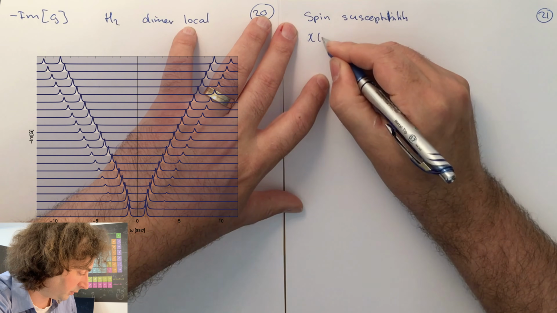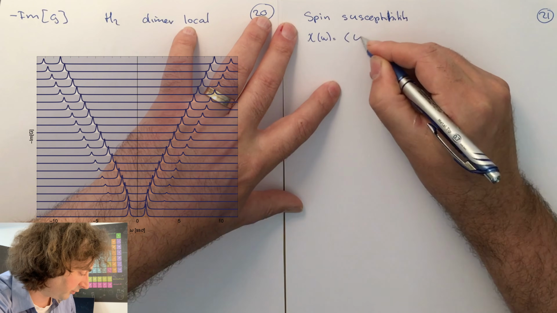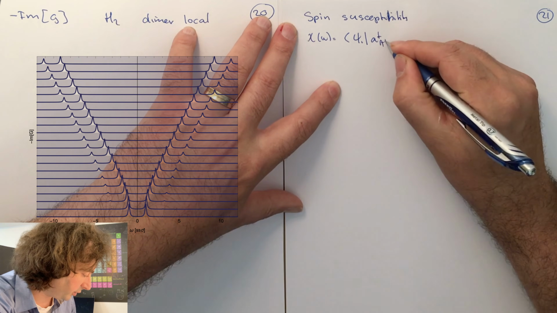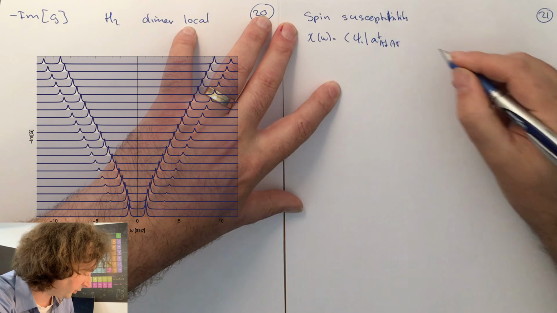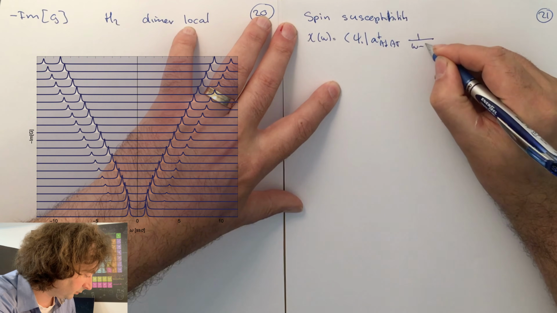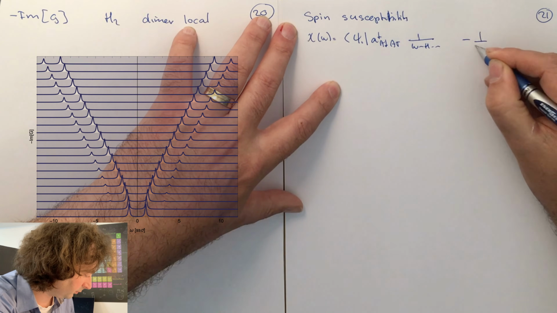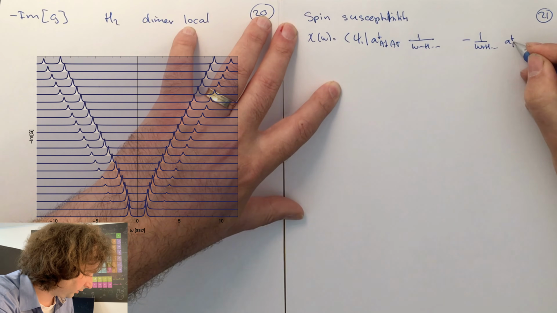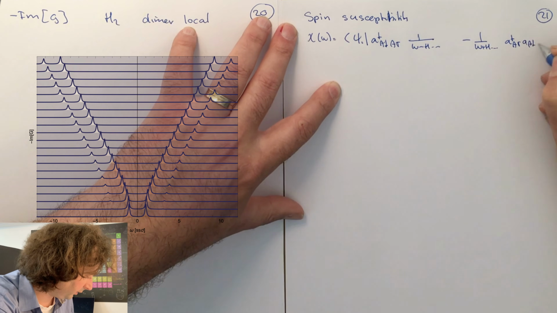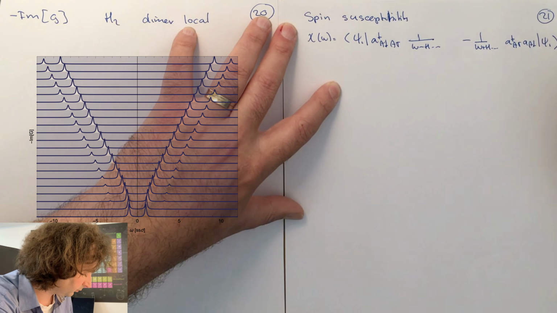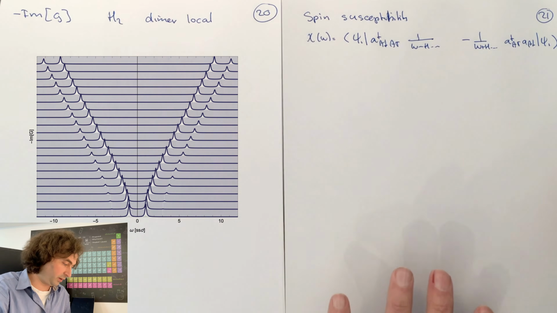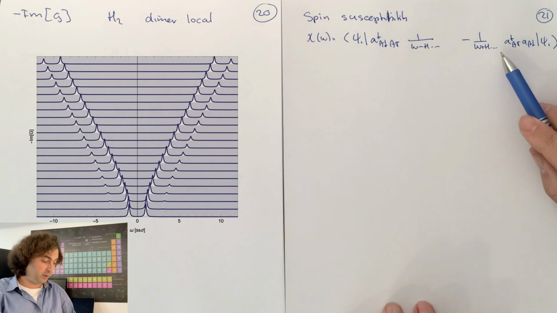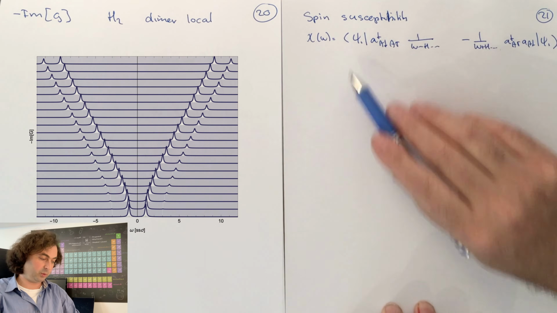And chi of omega is given as your wave function, and let's make a spin excitation where we flip the spin on site A: A dagger, A up, A down. So we start in our ground state, we take an electron at site A with spin down and turn it to spin up. Then we look at our propagator and you undo it and you see if you come back to the ground state.